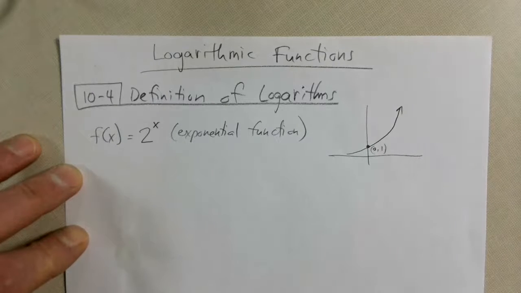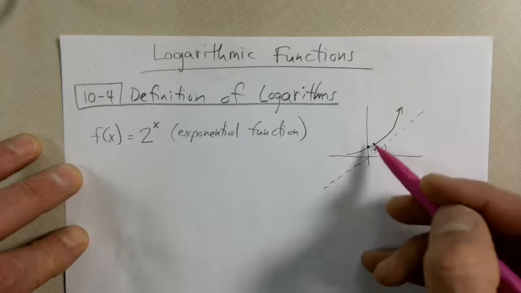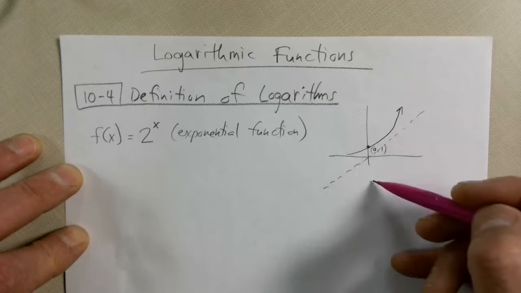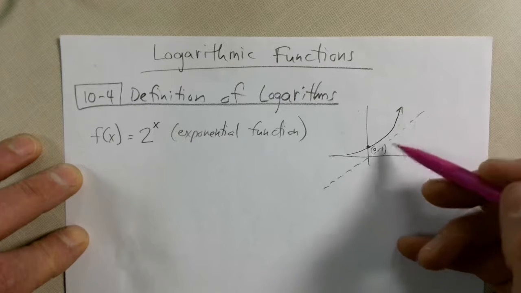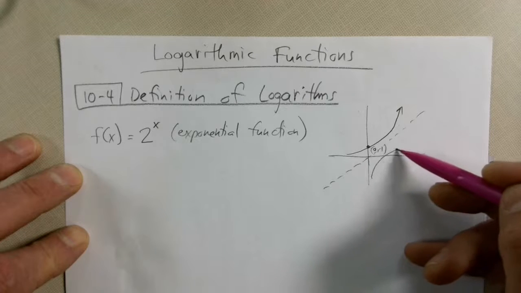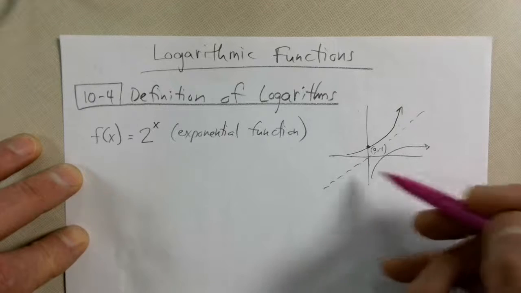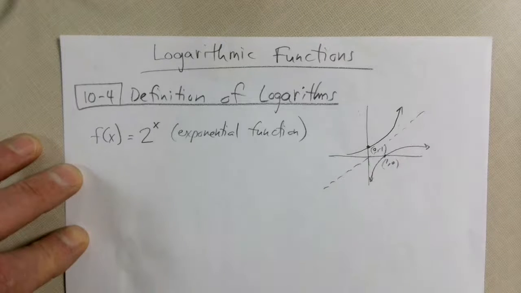Now, we also learned that some functions have an inverse. On a graph, it looks like it mirrors straight across the line y equals x, so it's going to come something like this, and this would be 1, 0.